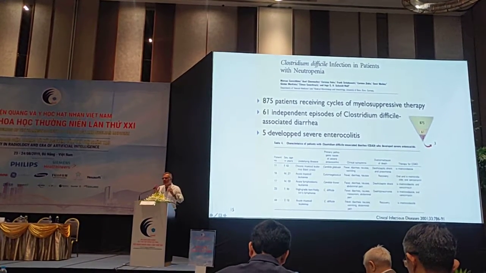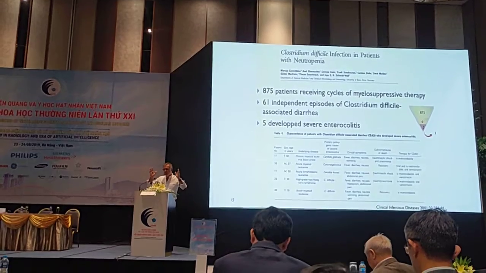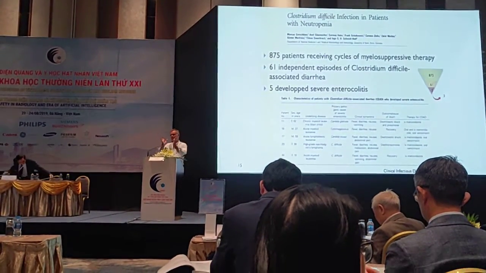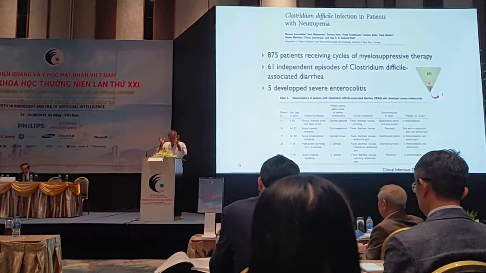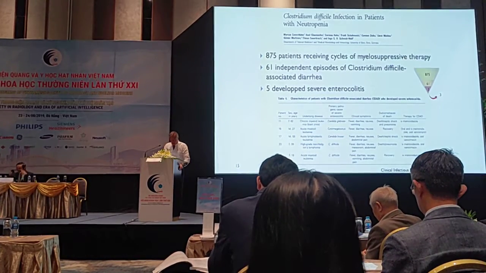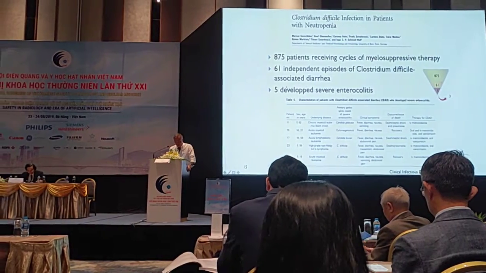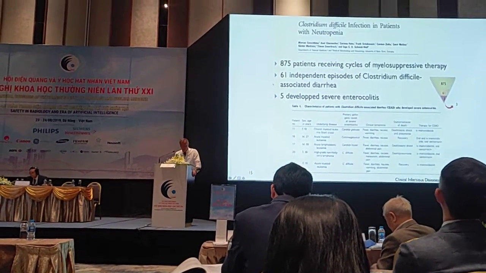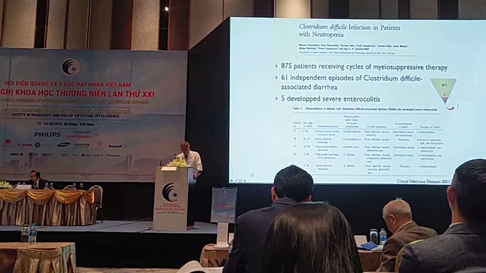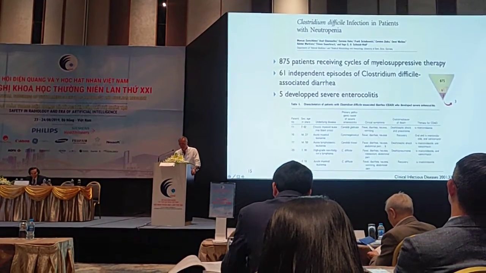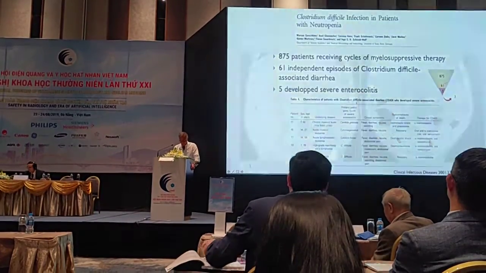So you have a context of immunosuppressive therapies, then some patients develop Clostridium difficile diarrhea, and then some develop severe colitis, but the number of patients is very small. And unfortunately, in this series, 2 or 3 patients died in this subgroup.